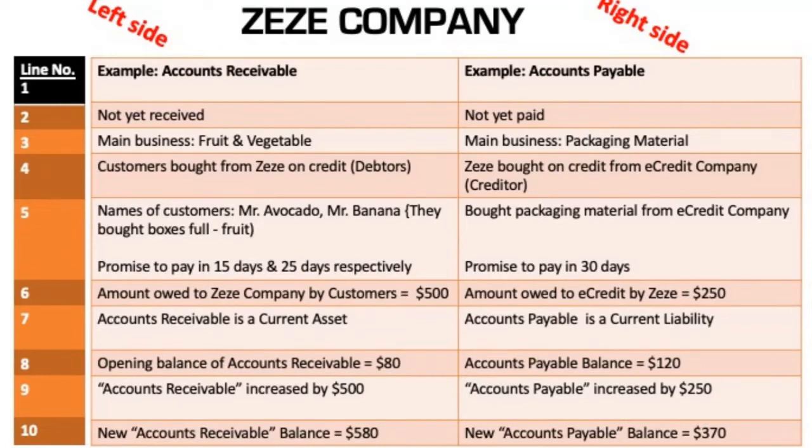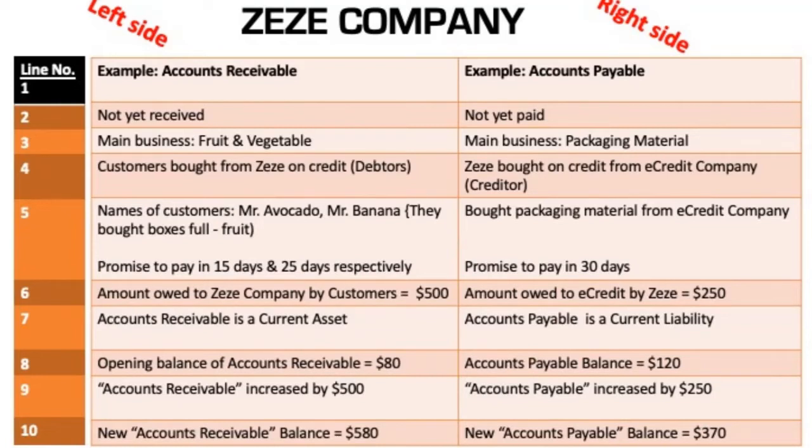Looking at accounts receivable, if you look at line number 7, this account is a current asset. Accounts receivable is a current asset. Accounts payable on the right side is a current liability.